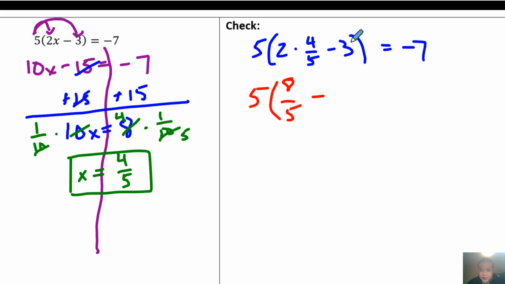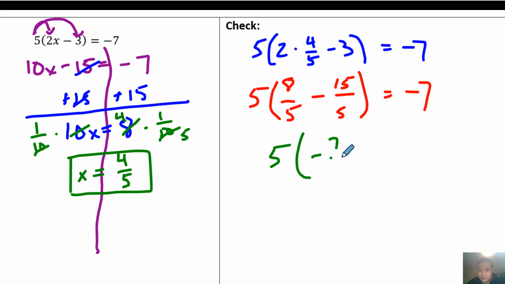I'm going to change this negative 3 into 15/5 so that we can subtract later on. We have 8 minus 15 as our next operation that we're going to do. So that gets us negative 7/5.